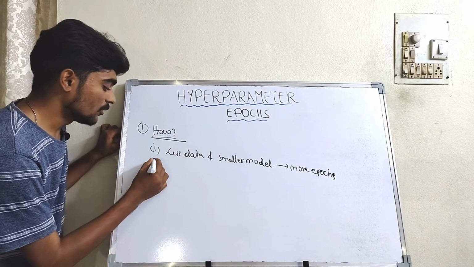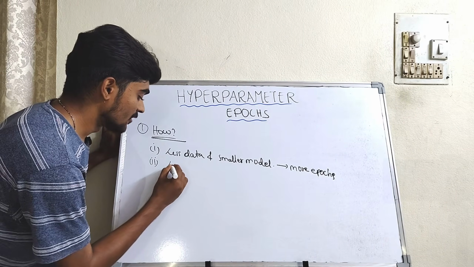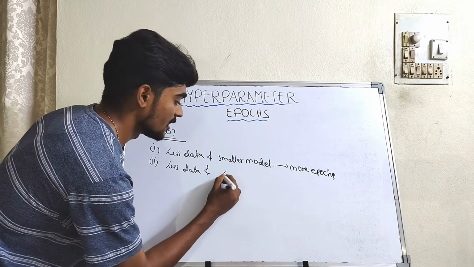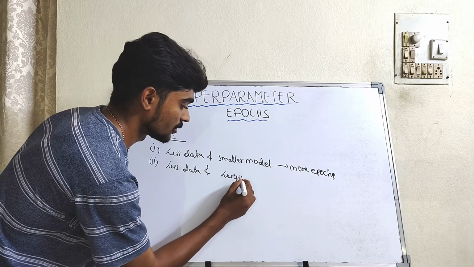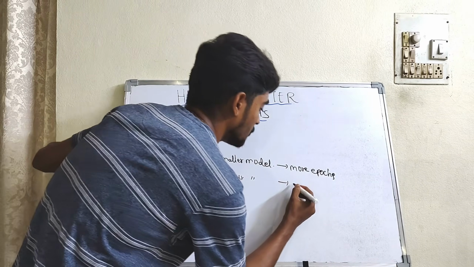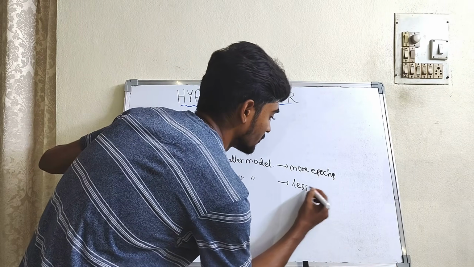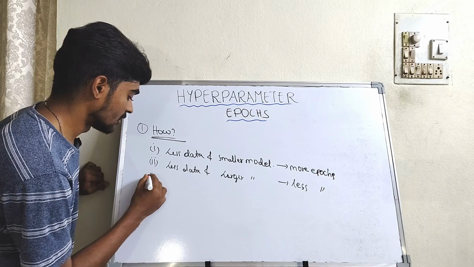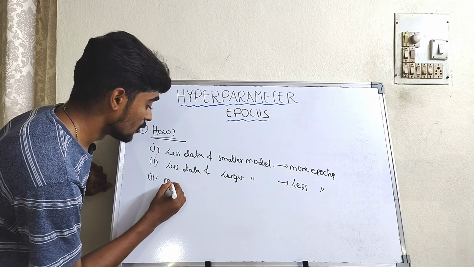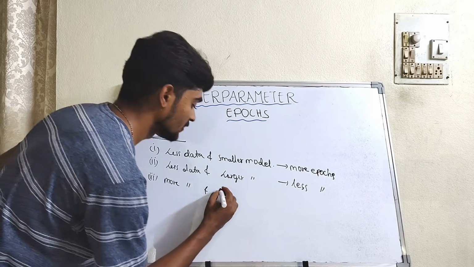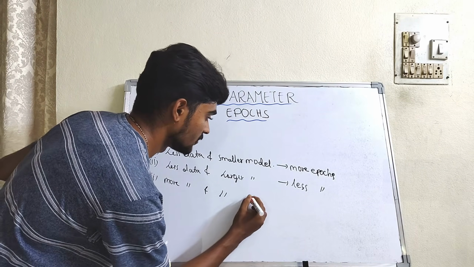Now in our second case, for less data and a larger model, we need less epochs. Now let's see our third case. In our third case we have more data and a larger model.